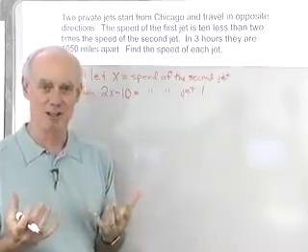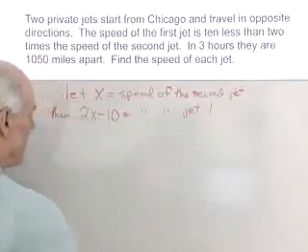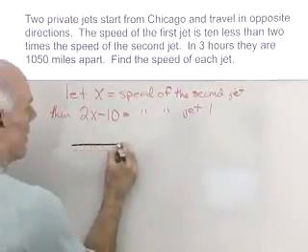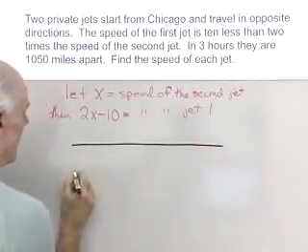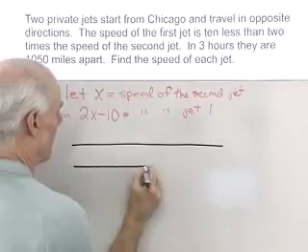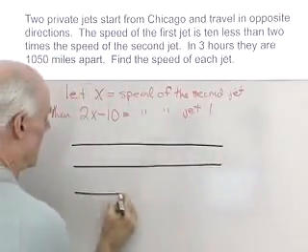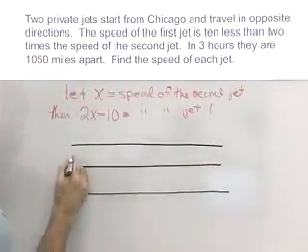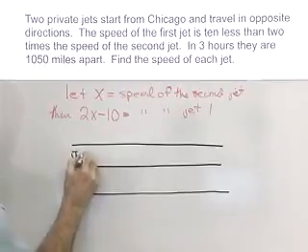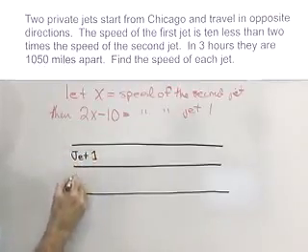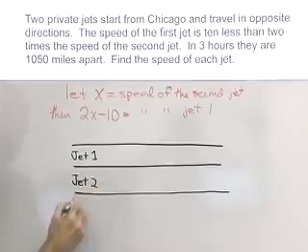Now, a problem like this where we're going to look for distance, rate, and time, it's going to help us if we make a little table. So let's do that. I'm going to have 2 rows, one for jet 1 and the other for jet 2.